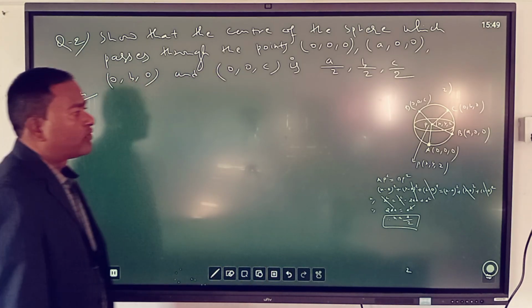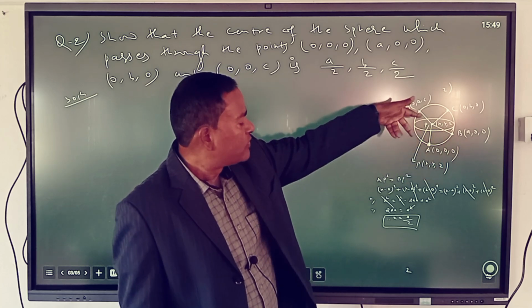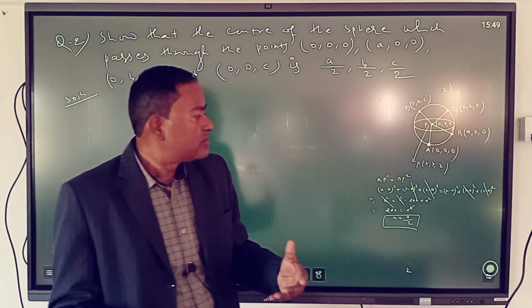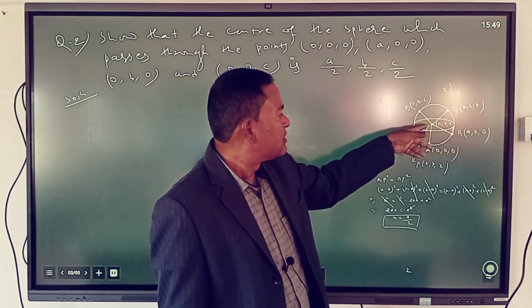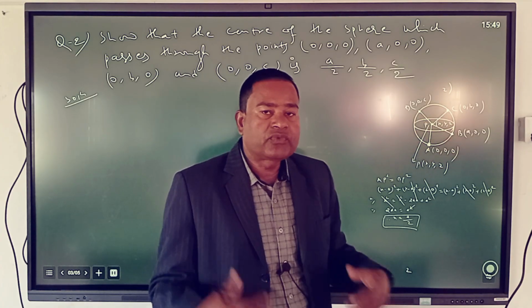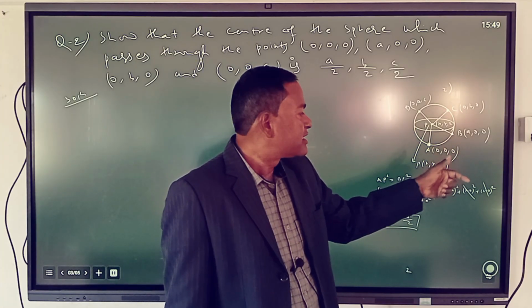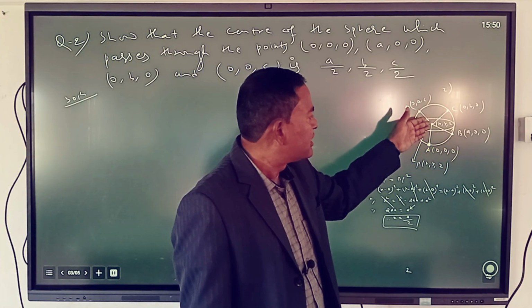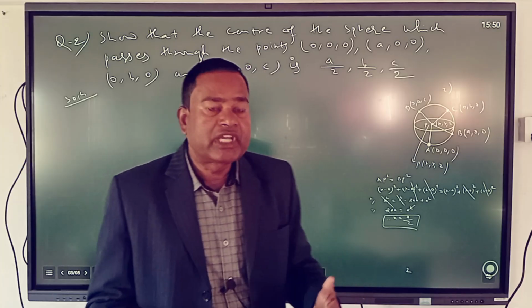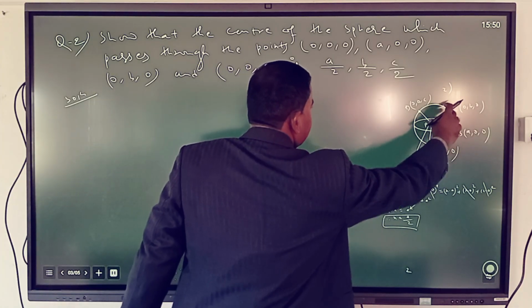Now to find the y coordinate of the center, we are going to equate AP with CP. By equating AP with BP, we got the x coordinate. Now equating AP and CP, we'll get the value of the y coordinate of the center of the sphere. So let's write down AP equals CP.